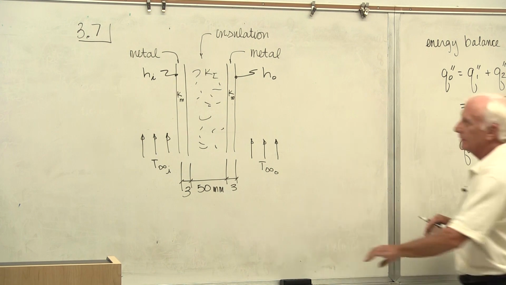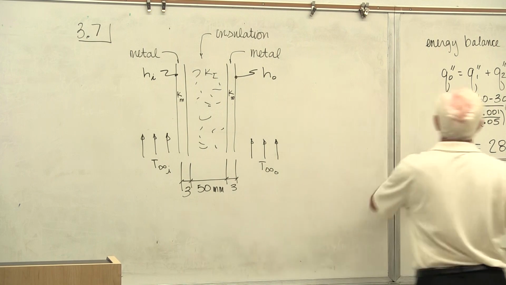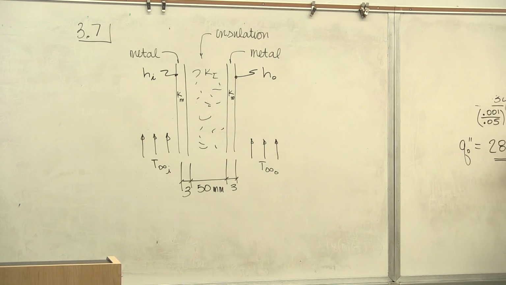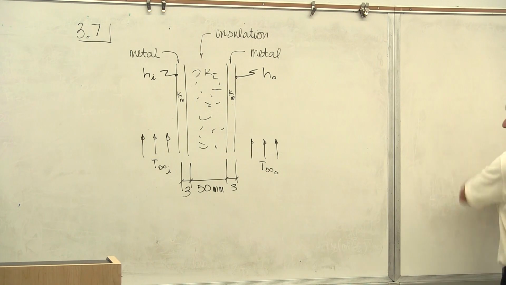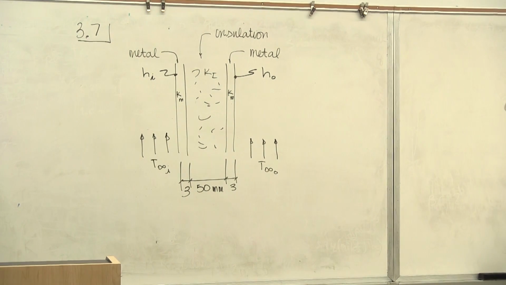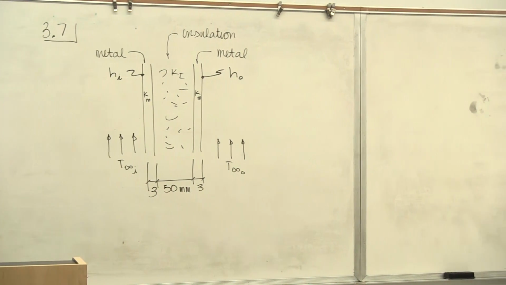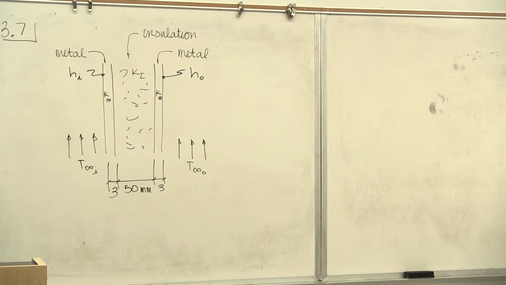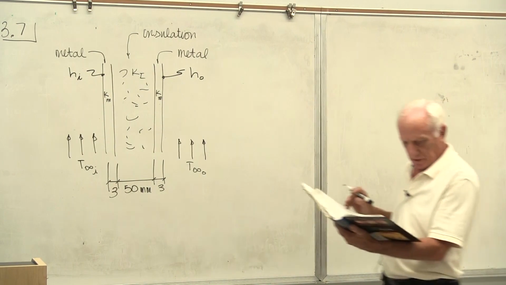Okay, now, that's our model of the wall. Okay, let's see what he tells us. I think he gives us some numbers. 3, 7. Yeah, okay, let's put the numbers down here in the margin.